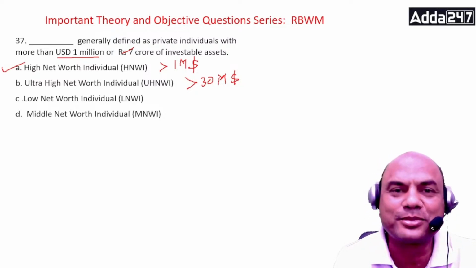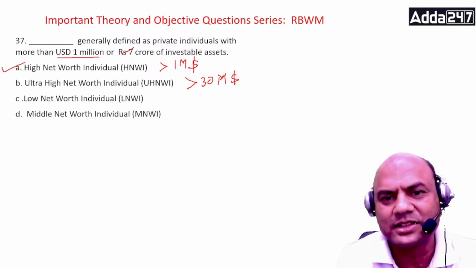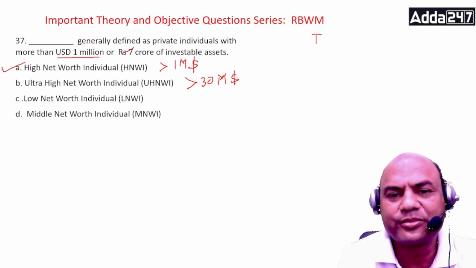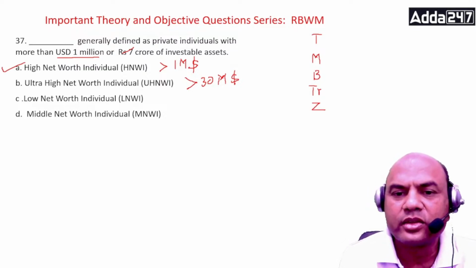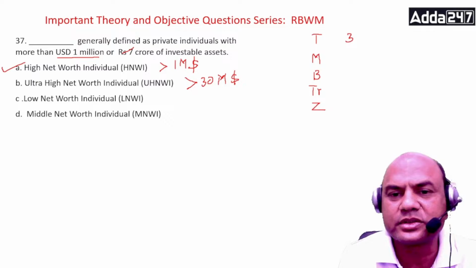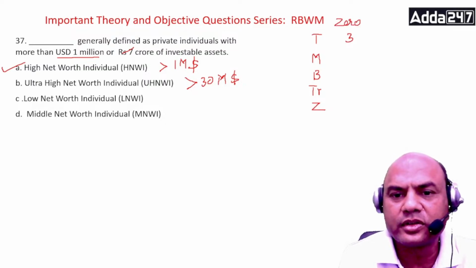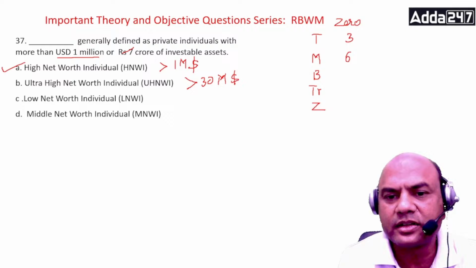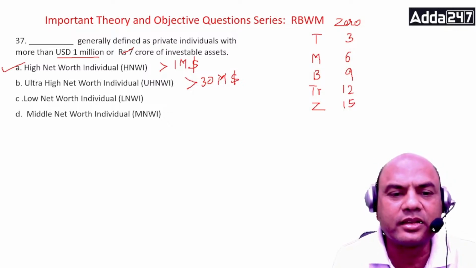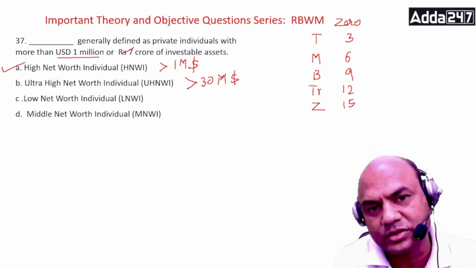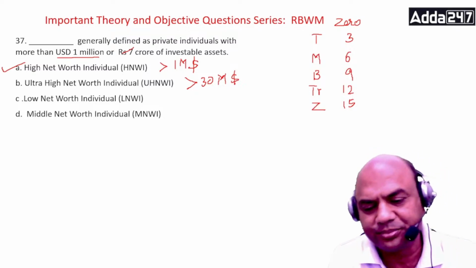The US has a very simple system: thousands, million, billion, then trillion, and the last one is zillion. 3 zeros, then 6, 9, 12, and 15. So when I say 30 million, it is 30 and then 6 zeros. That's what it means.